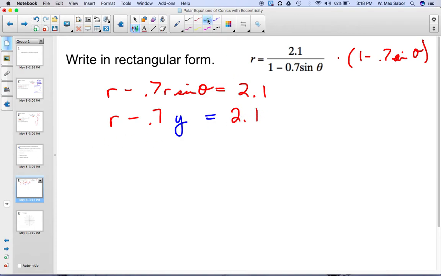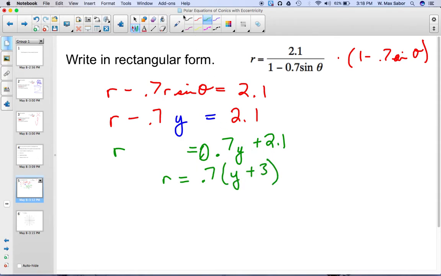Getting r by itself, r equals 0.7y plus 2.1. I'm going to do this out of preference, but you don't have to. I'm going to write this as 0.7 times y plus 3.